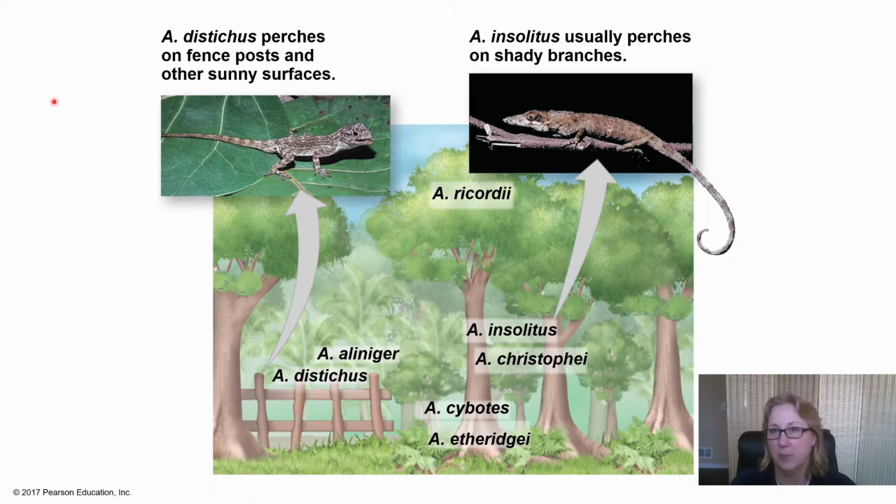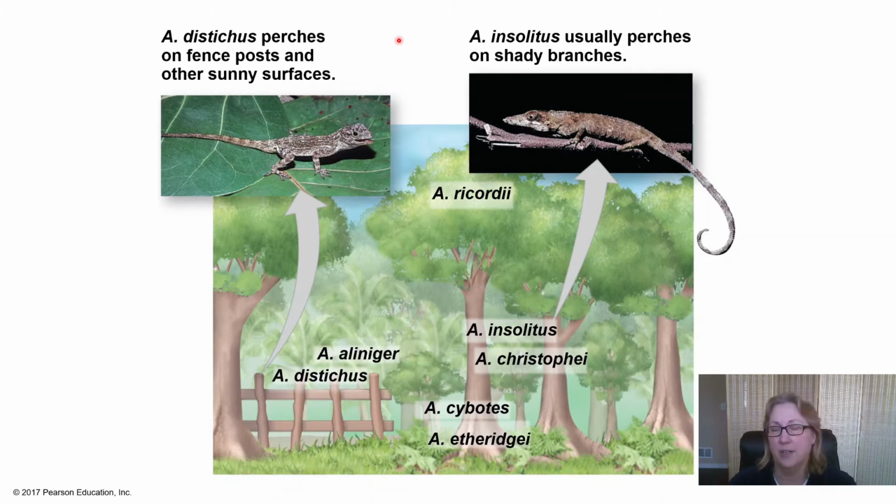So here's an example of a recent diversification of a group of lizards. They're all in the same genus. Here's the species name, the two-word species name. And the genus has been abbreviated to a letter, because if you're going to abbreviate a species name, the only thing you're allowed to abbreviate is the genus.